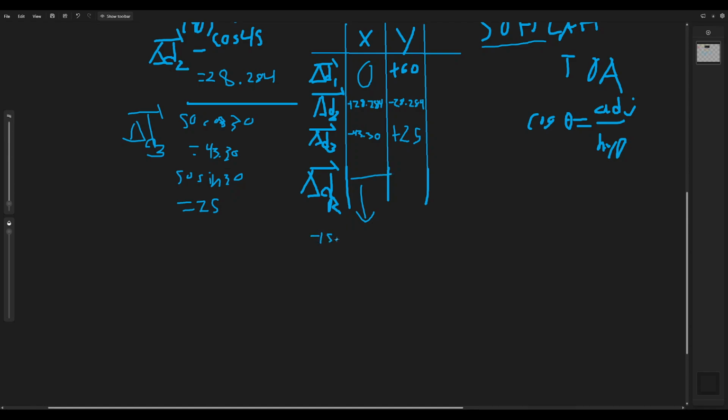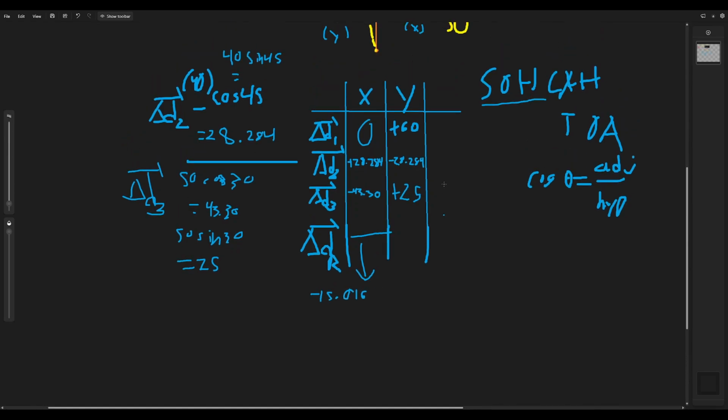Our x for our resultant will be negative 15.016, and for our y, 2.284 plus 25, it will be positive 56.716.